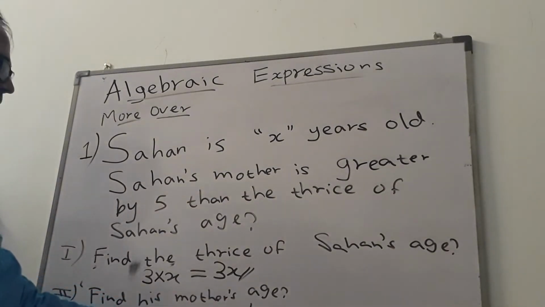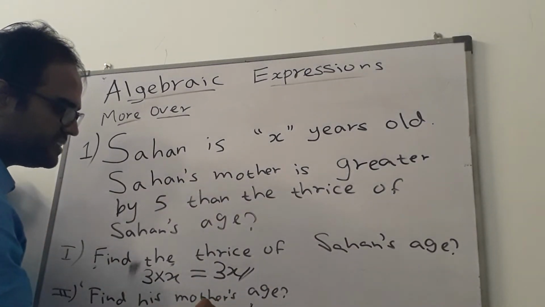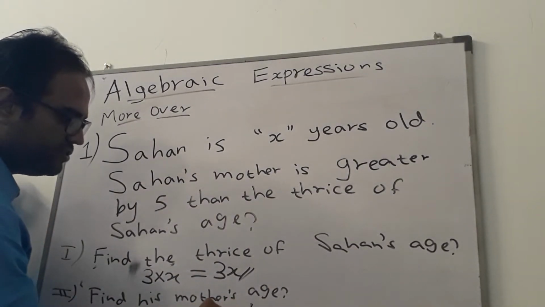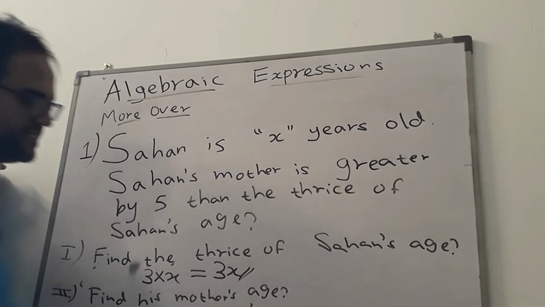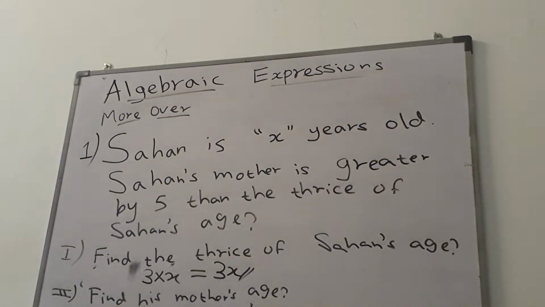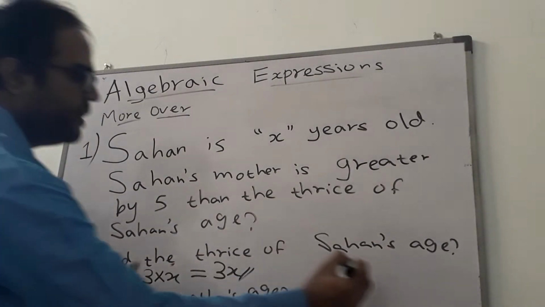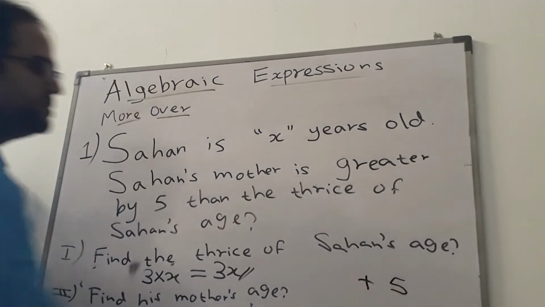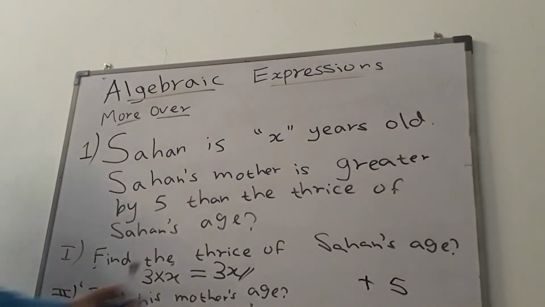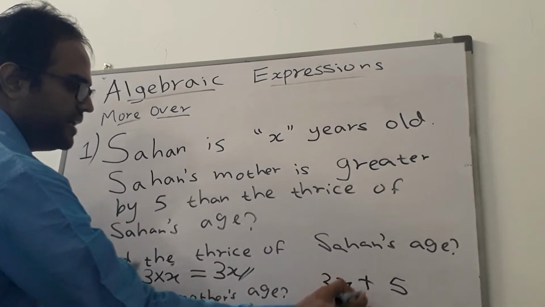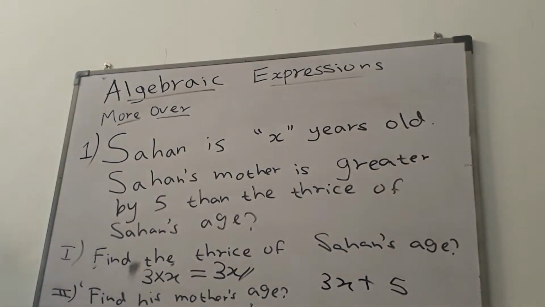Thrice of Sahan's age means 3x, so we have to add 5 to 3x. The answer is 3x plus 5.